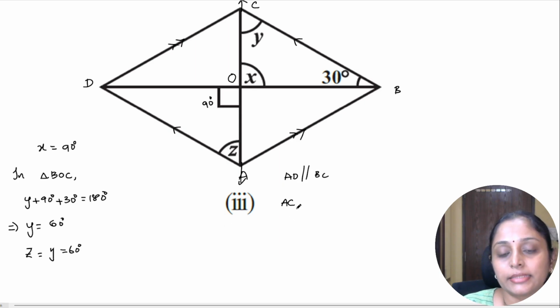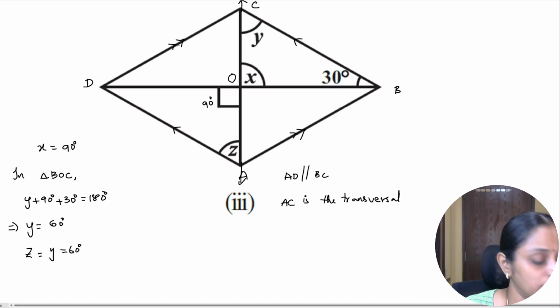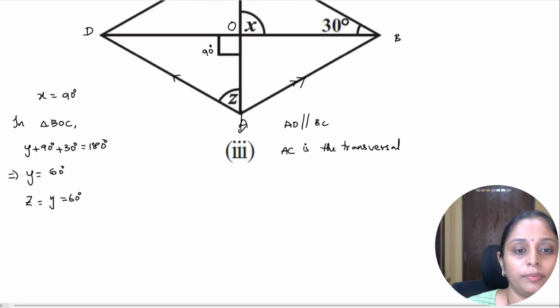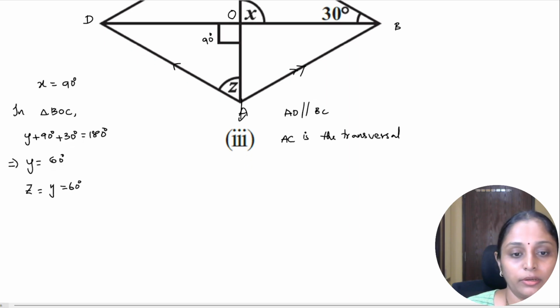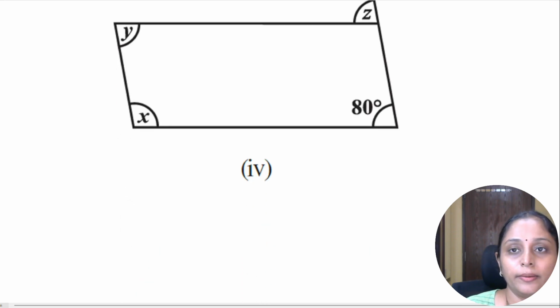Between two parallel lines, we know that alternate interior angles are equal in measure. That means y is equal to z and each one is equal to 60 degrees. So that is your third parallelogram that they have given. Next, we will move on to the fourth one.